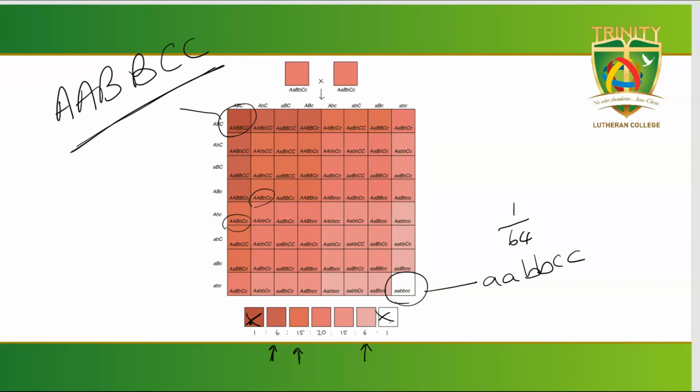There are 15 ways of getting the next one, and there are 20 ways of getting the completely heterozygous. Big A, big B, little b, big C, little c. So there are 1 is to 6 is to 15 is to 20 is to 15 is to 6 is to 1 is your phenotype and genotype ratio for this.